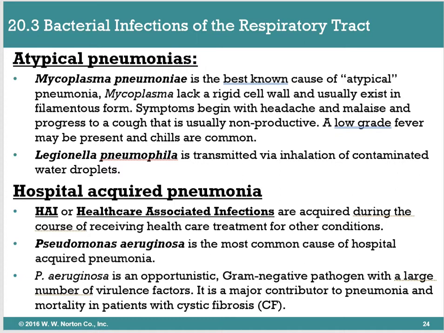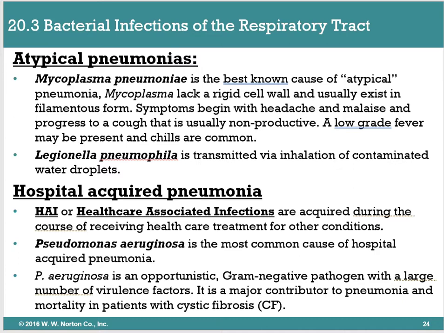Okay, so now for hospital acquired. This means that you got it during your stay at a healthcare facility, whether it be at the hospital, in the ER, or in a long-term rehab facility, whatever it may be, any healthcare facility. The most common cause of healthcare acquired pneumonia is P. aeruginosa.